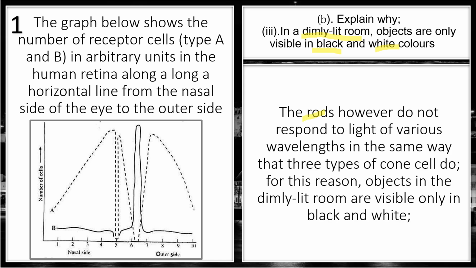The rods, however, do not respond to light of various wavelengths in the same way that the three types of cone cells do. For this reason, objects in the dim light room are visible only in black and white.